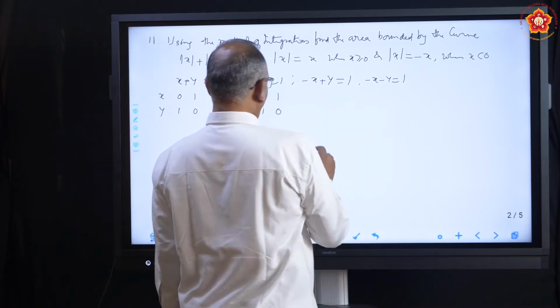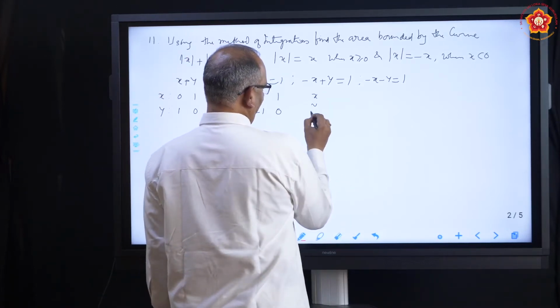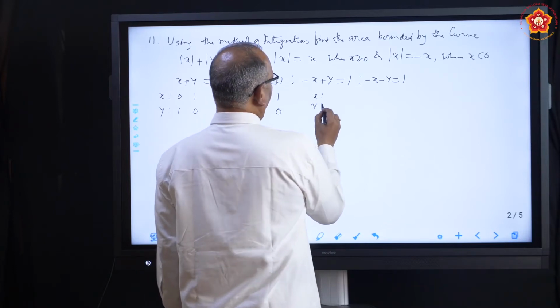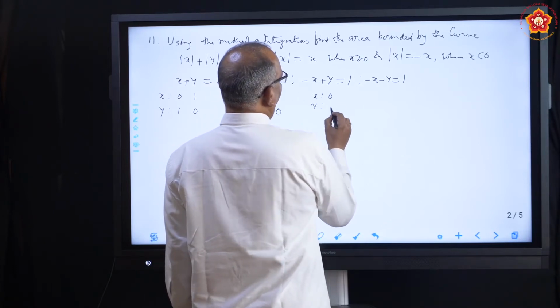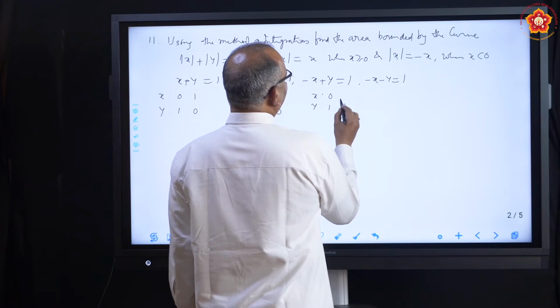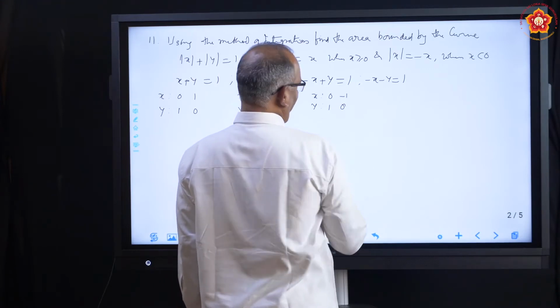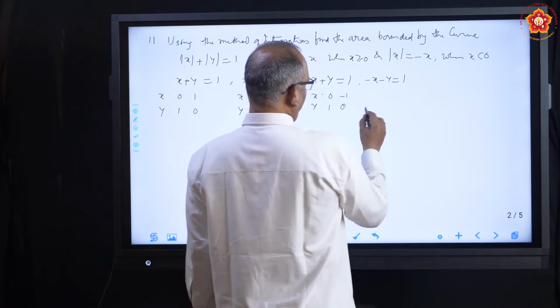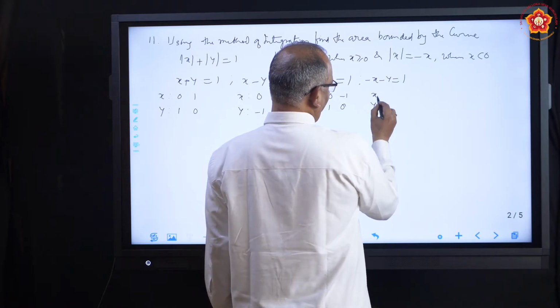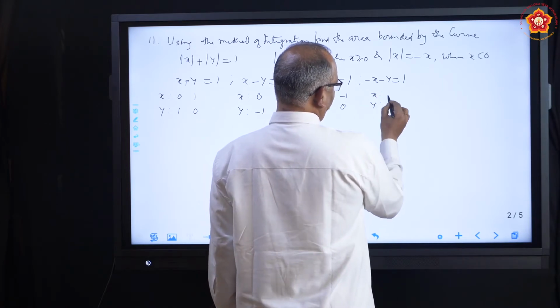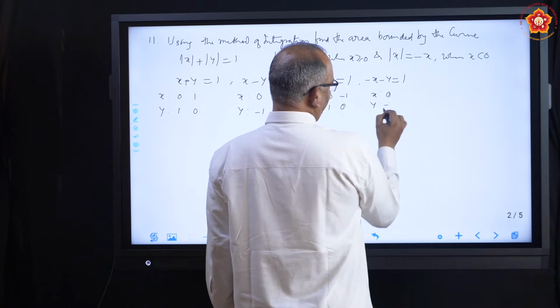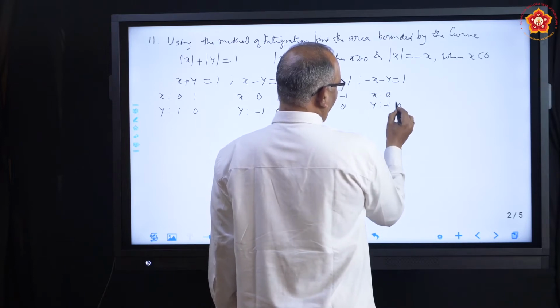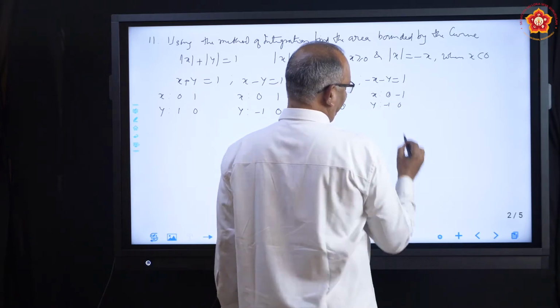For this particular one, the points x and y, x is 0, y is 1. And when y is 0, x is minus 1. And finally for this, x is 0, y is minus 1. And when y is 0, x is minus 1.